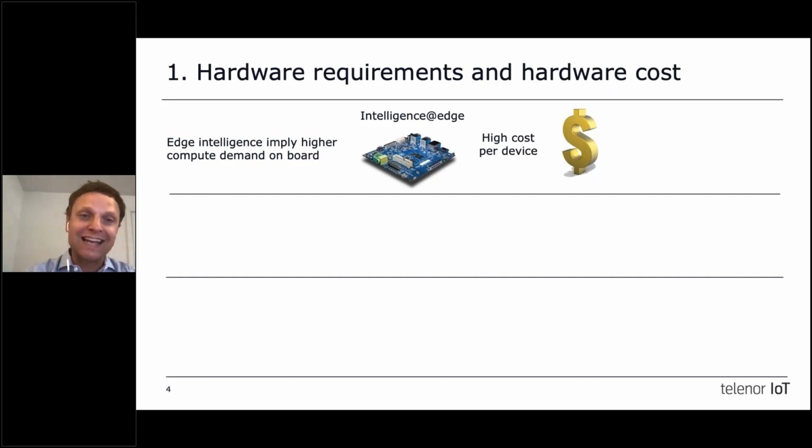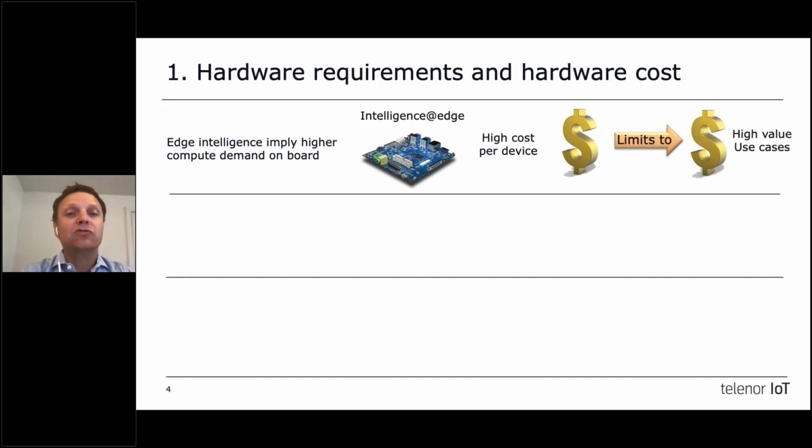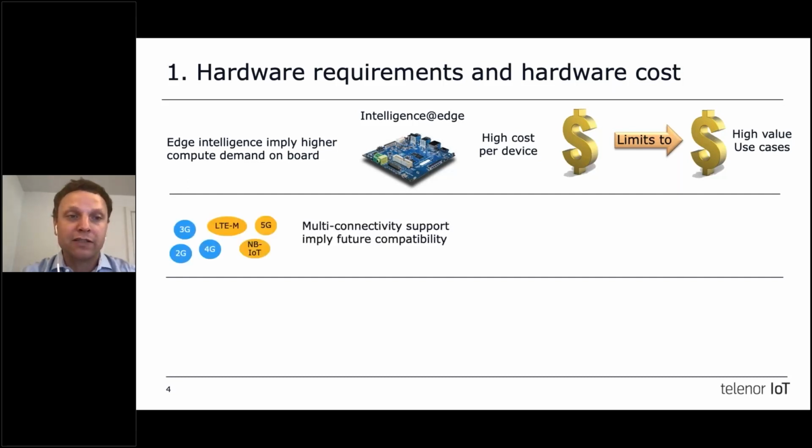So there are a lot of design issues here. Normally these devices cost more, and in one sense that will limit you to possibly only high value use cases. That might not be a drawback, but there's higher investment for higher reward, so to say. But not going this route is not an option just to go for low value cases.